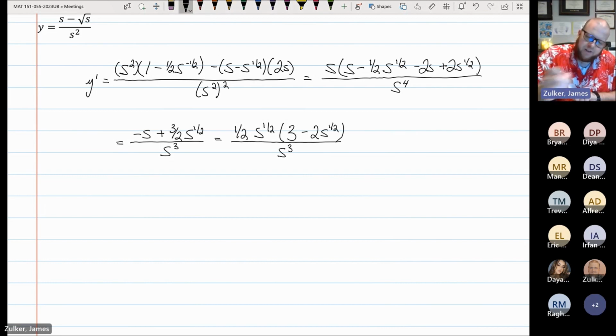I'll write them as square roots later. Over s cubed. Right, so numerator, we're going to have 3 minus 2s to the 1/2. Denominator, we're going to have a 2s. Right, and then 3 minus a half. 5 halves, right?